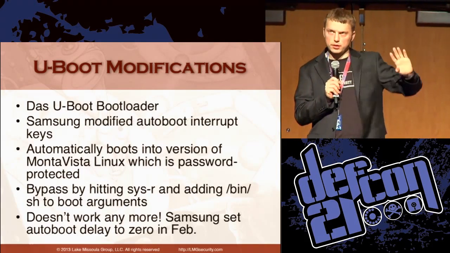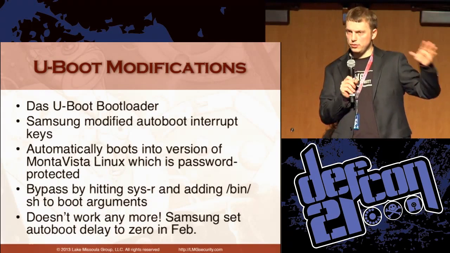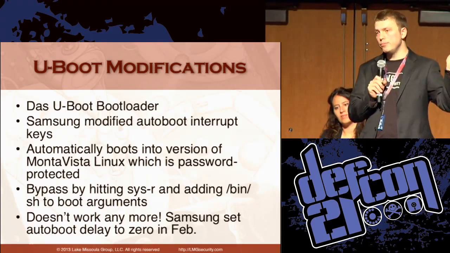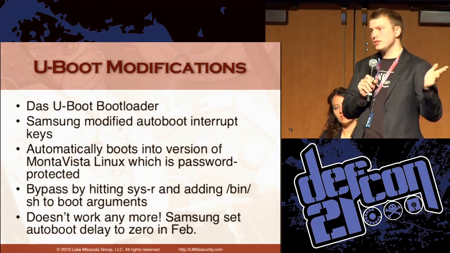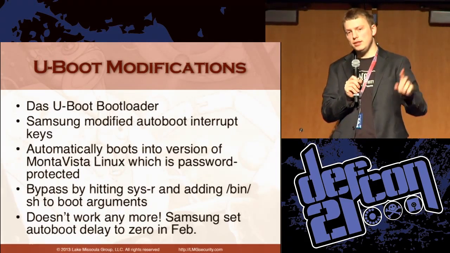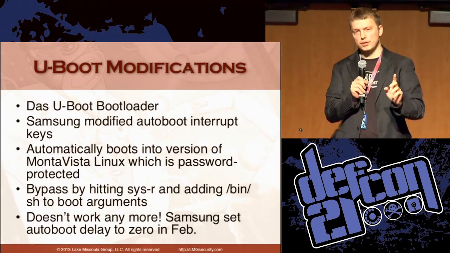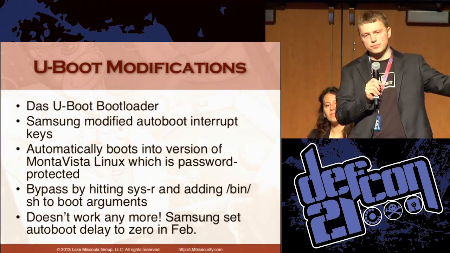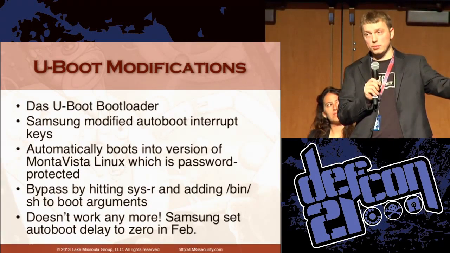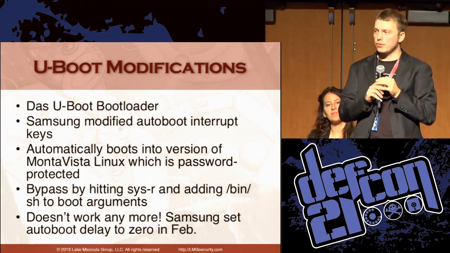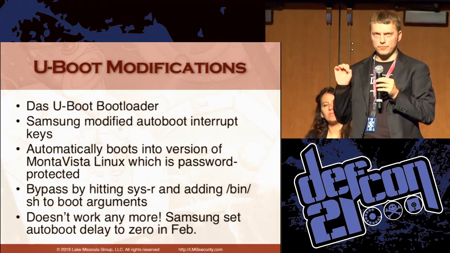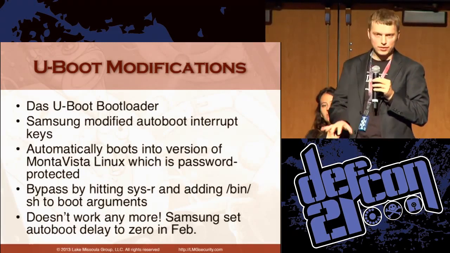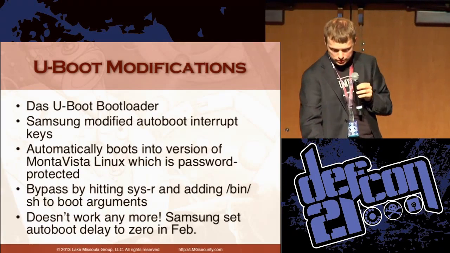In the old versions, and old being this time last year, up through like January or February of this year, all you had to do to interrupt the boot process, instead of hitting any key, was type SYS return. And the code for that was in Samsung's published source code. We actually didn't figure that out. That was another gentleman whose name I'm spacing on, but it's in our white paper, linked to his blog post about it. So we took that, and okay, we've got root access.